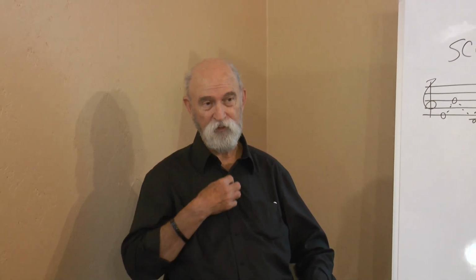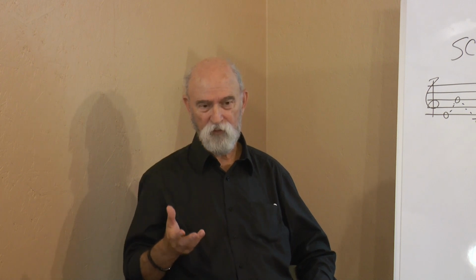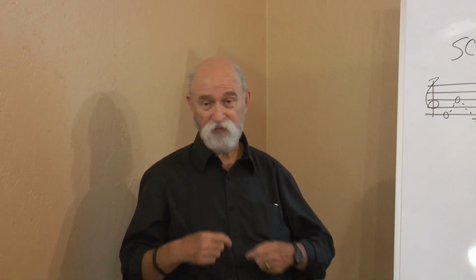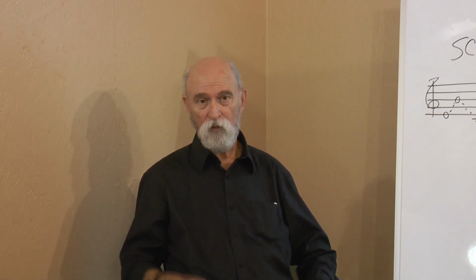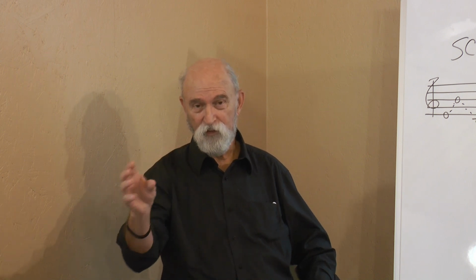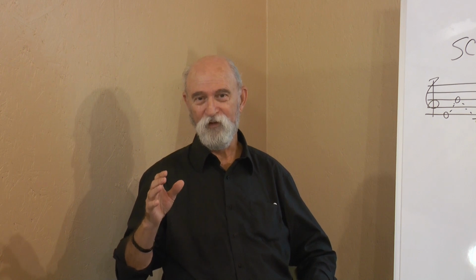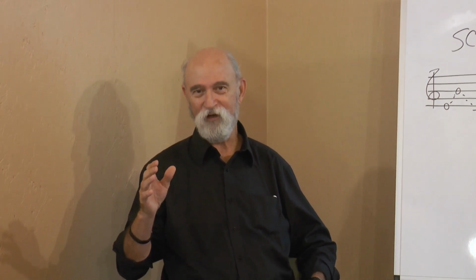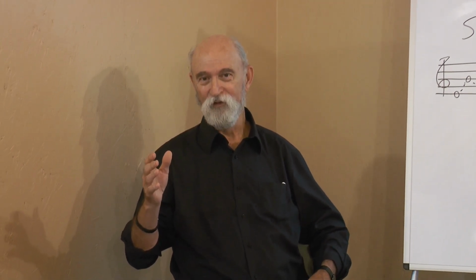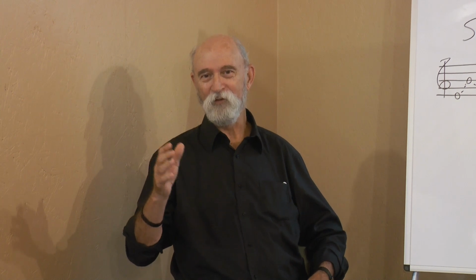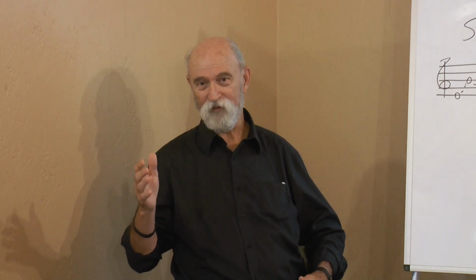Now some people ask me, why are the trumpet parts in those weird keys? Well, this is my opinion. Most of them say, oh, they're good keys for the singers. Well, most singers can't read music to start with, so they don't know what key they're singing in anyway half the time.